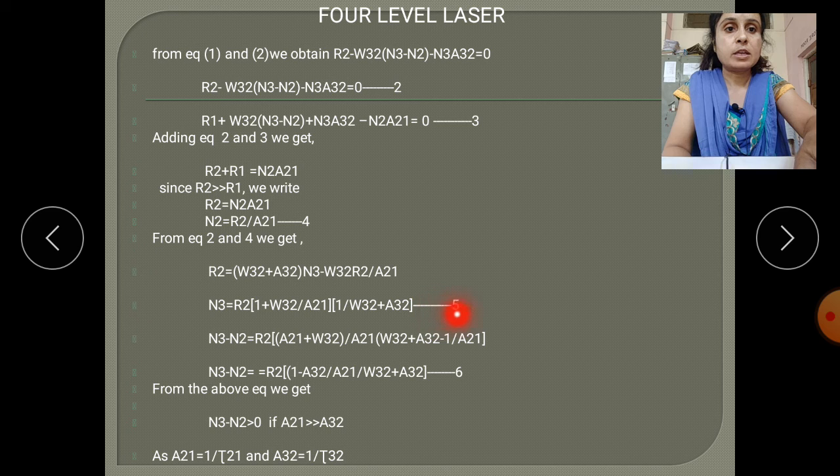That gives equation fifth. These expressions are derived according to the energy levels and population inversion schemes.